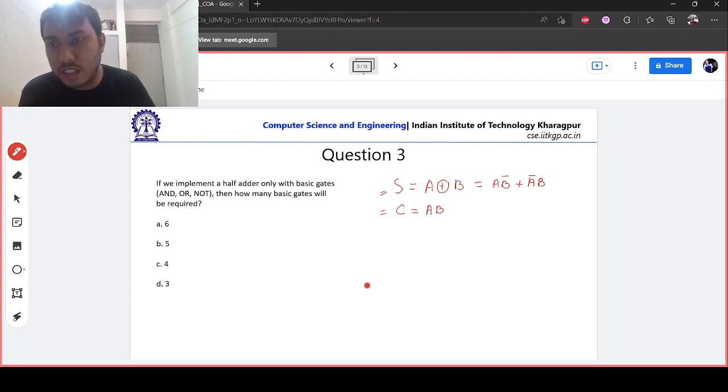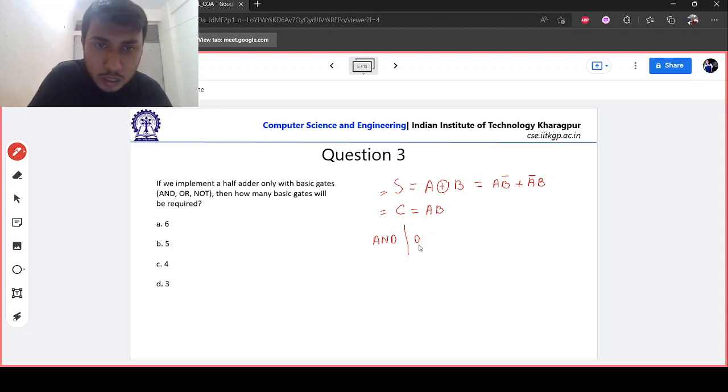Now the question is, if we implement a half adder with only basic gates AND, OR, NOT, then how many basic gates will be required? So we have been given only AND, OR and a NOT.